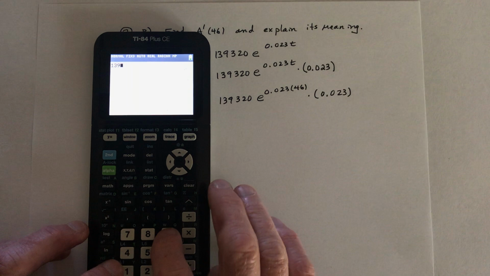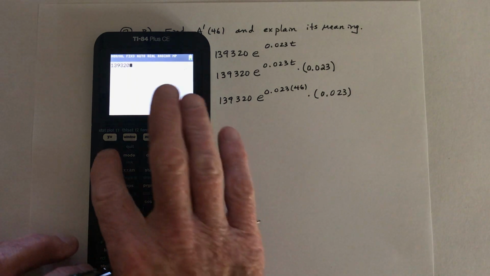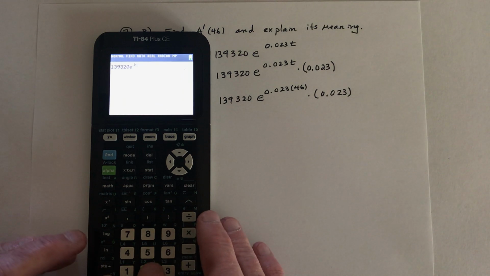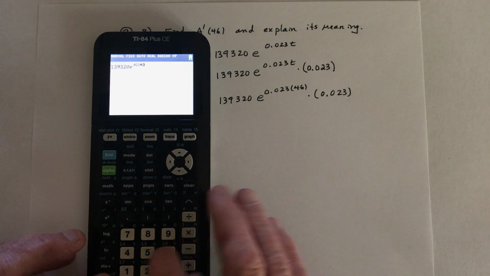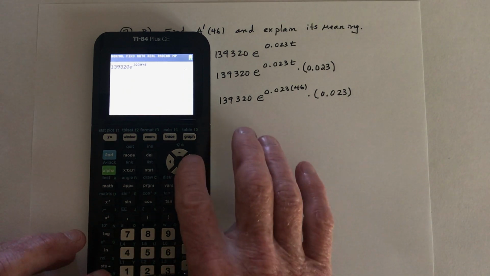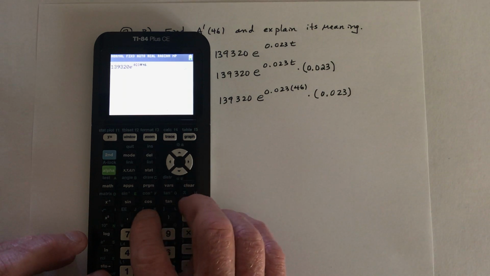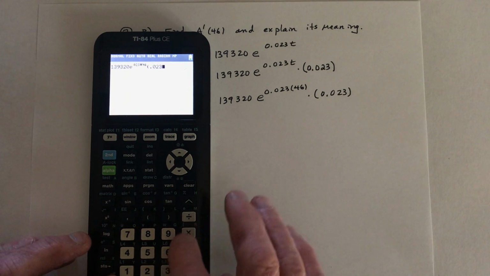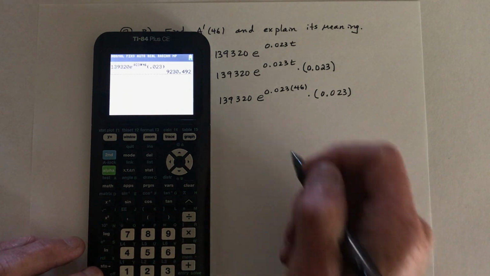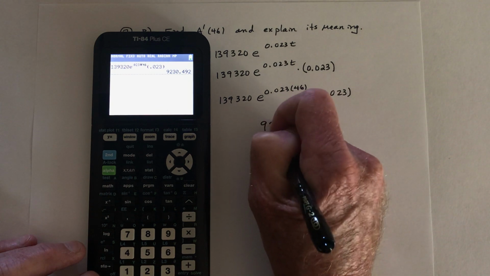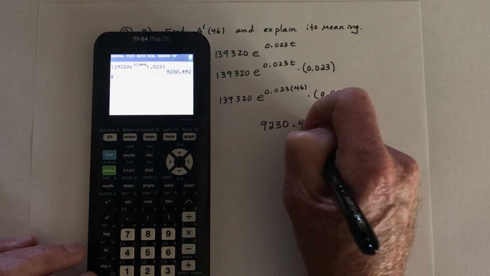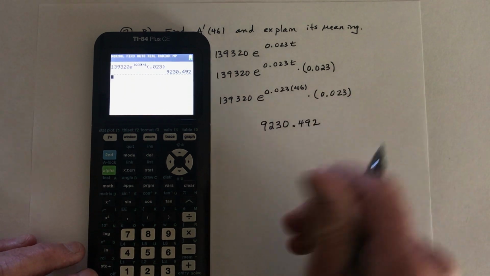So there's 139,320 times e to the 0.023 times 46. And then move out of the exponent and multiply by the decimal 0.023. So it equals 9,230. And to be technically correct, I'll even put the decimal.